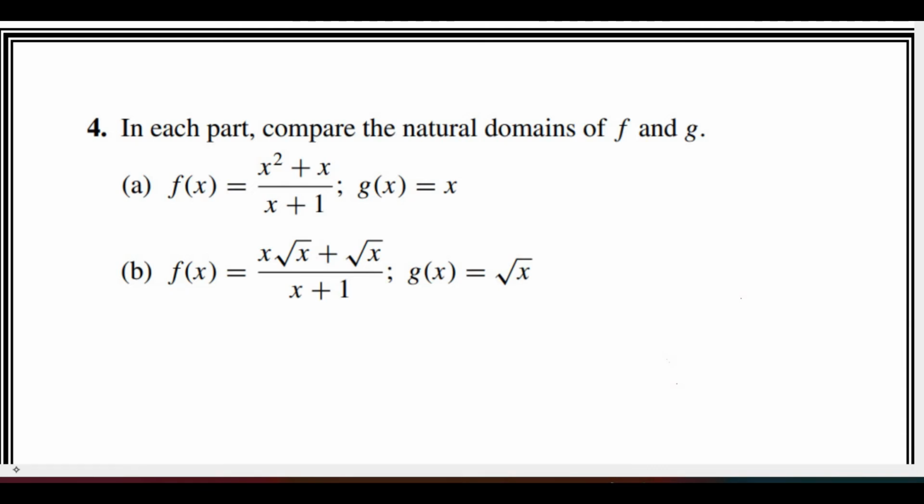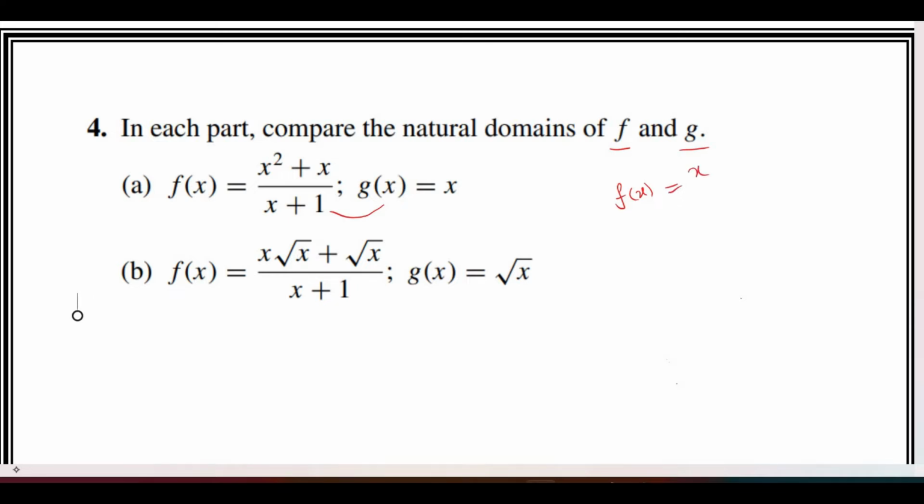In this question, we have to compare the natural domains of f and g, where you can see that f and g are the same after we do some algebraic operations on f. So, what are those operations?